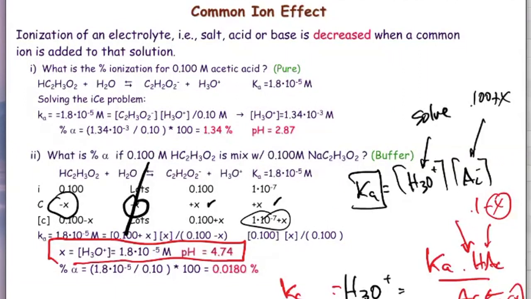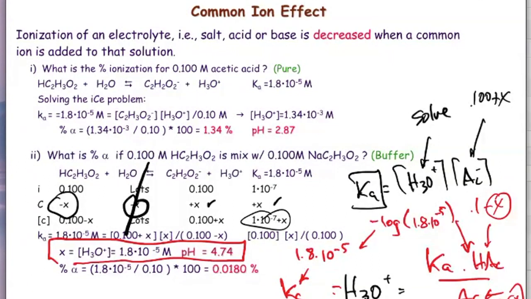And so if the hydronium is 1.8 times 10 to the minus 5, which is our Ka value, then if we take the negative log of that number, we get a pH of 4.74. That's basically how we would do that.